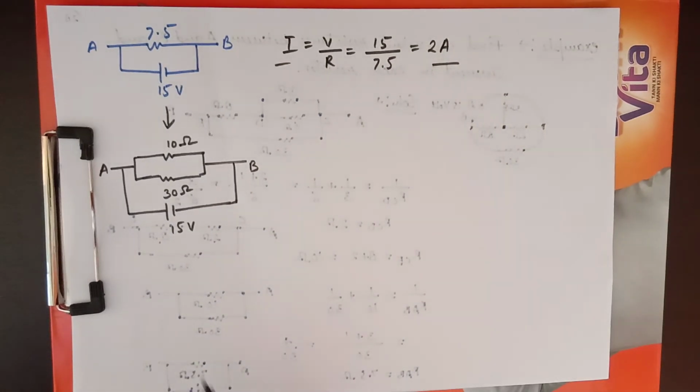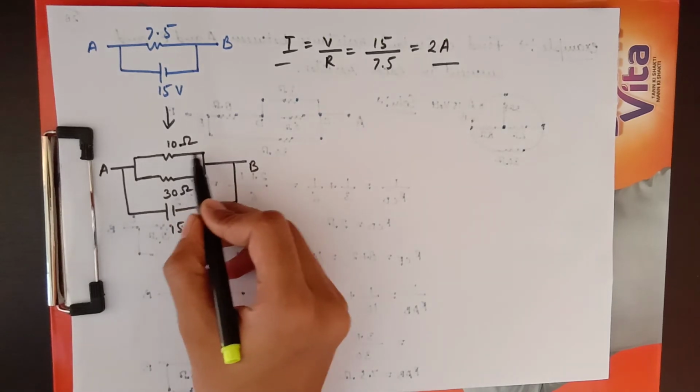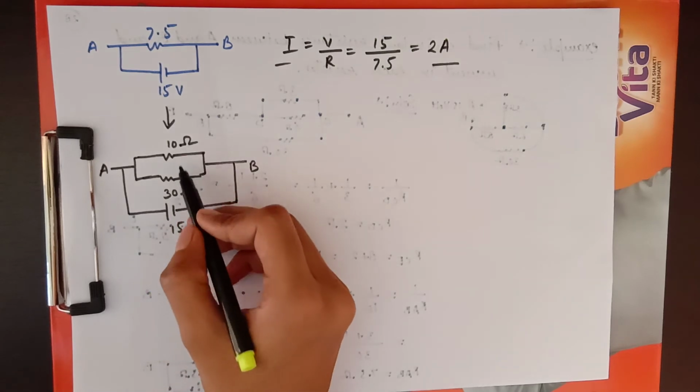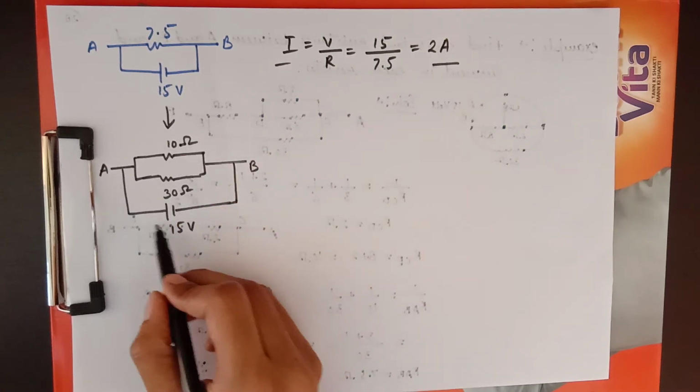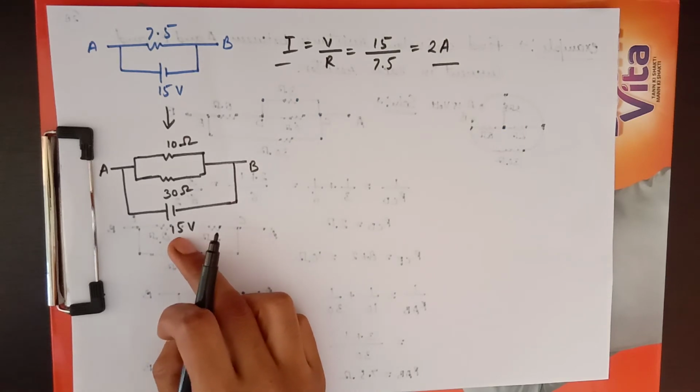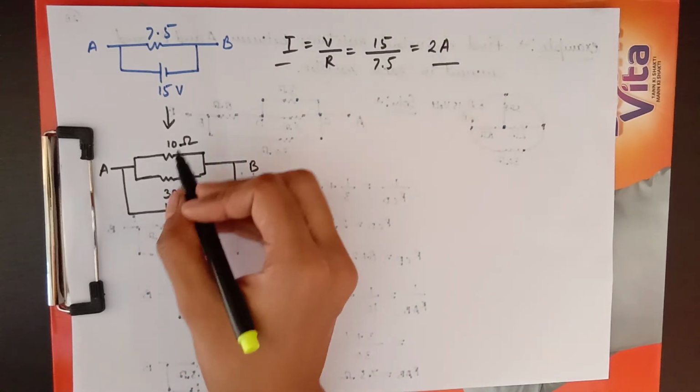So when we go in reverse, you see here 10 ohm and 30 ohm are connected in parallel. When two resistors are connected in parallel, the potential remains the same, meaning the potential will be 15 volt, and the current will be different for each resistor.